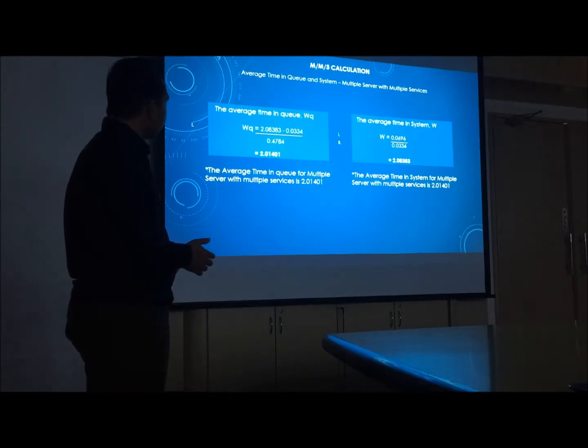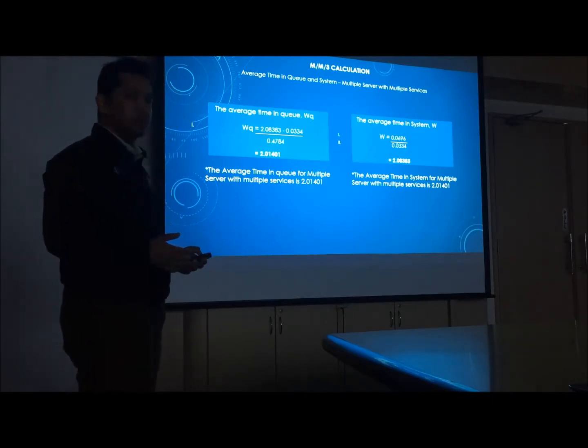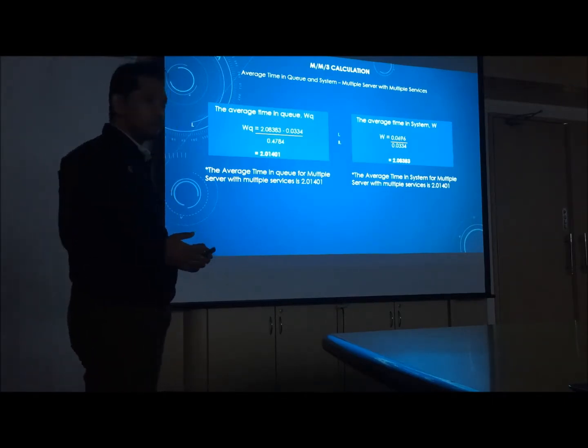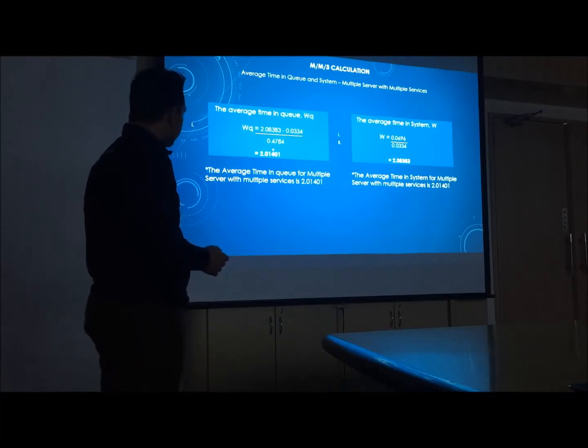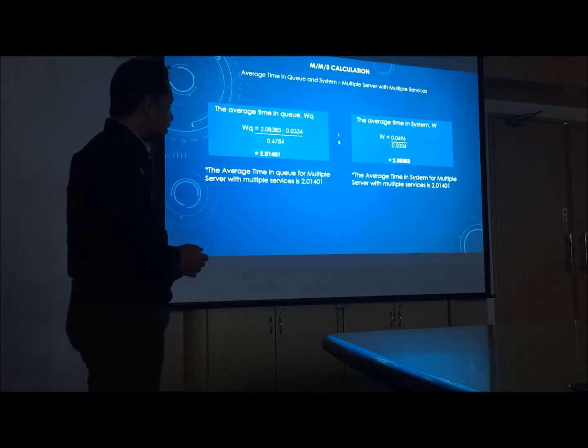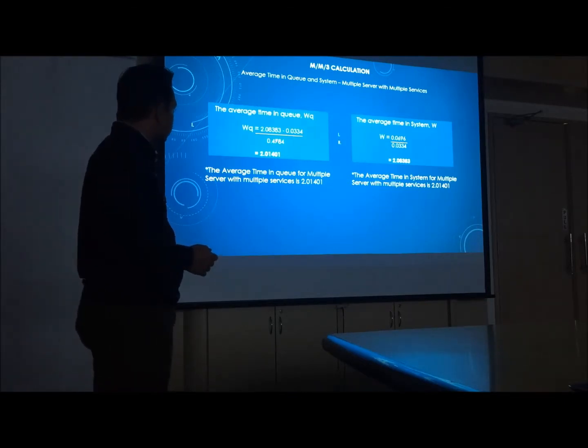Next, we find the average time in queue and system for the multiple server. This is the calculation. To find the average time in queue, we subtract and divide: 2.08383 minus 0.0334 divided by 0.4784.